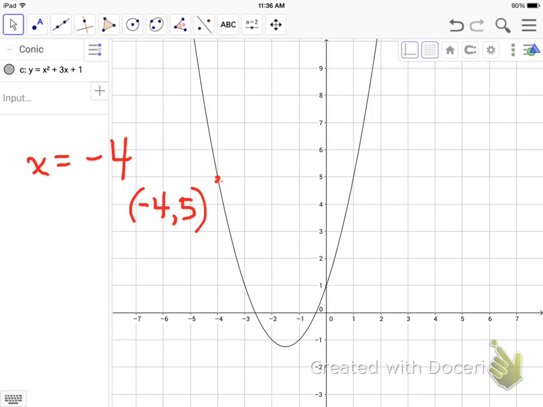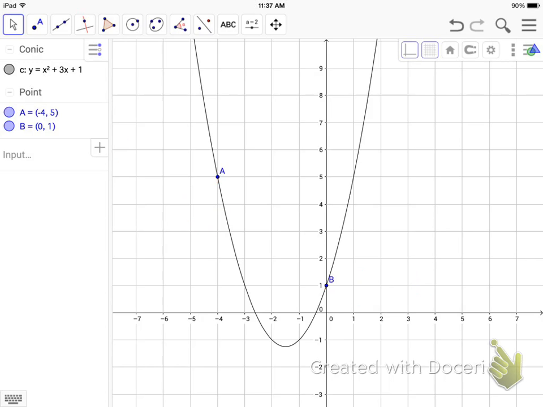And likewise, this point right here is what we get when we evaluate f at 0. So f of 0 is 1, and we have the point 0, 1. So the points on the graph are actually, the y values are what we get when we evaluate the function. There are my 2 points.